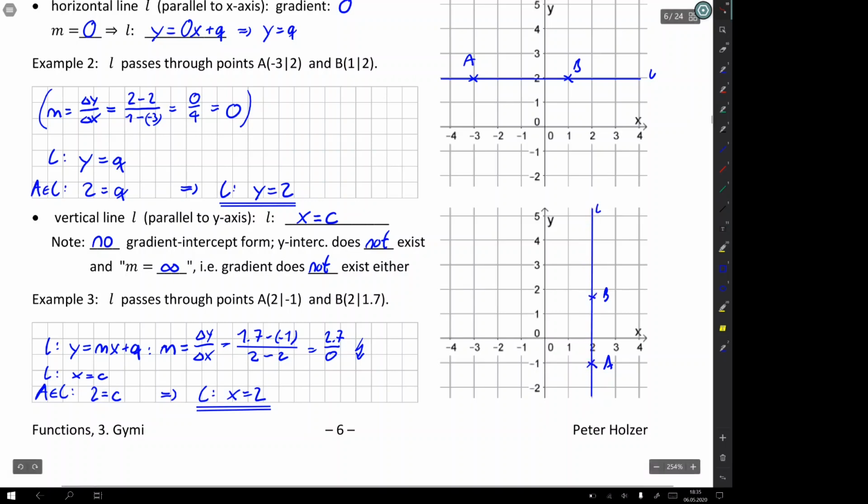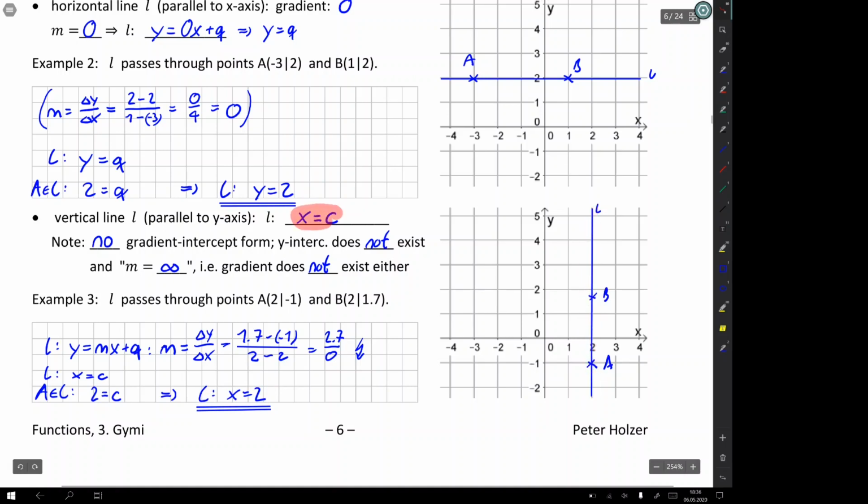What they have in common is their x-coordinate is 2. And any point with x-coordinate 2 lies on the line. So the equation x equals 2 is exactly fulfilled by all points that lie on this vertical line. So that's why x equals 2 is this vertical line.